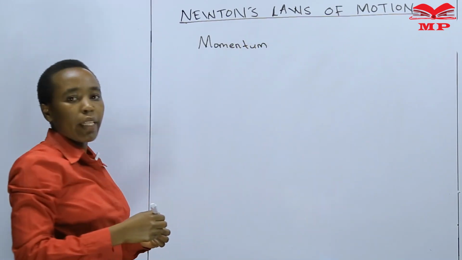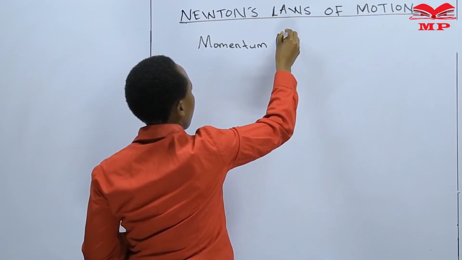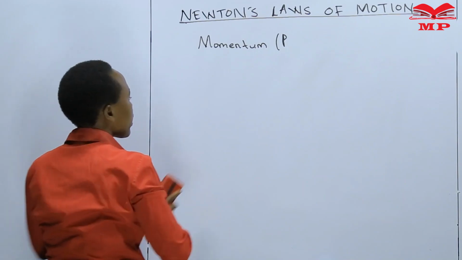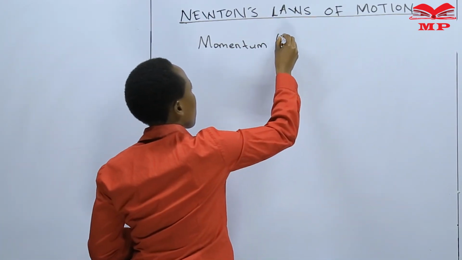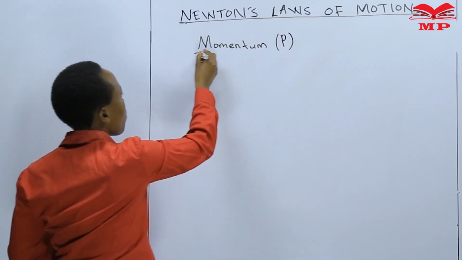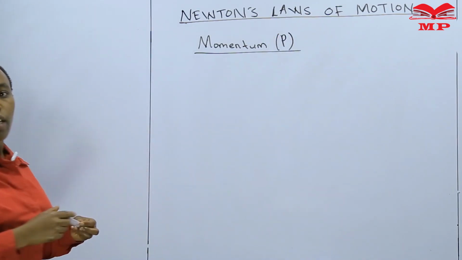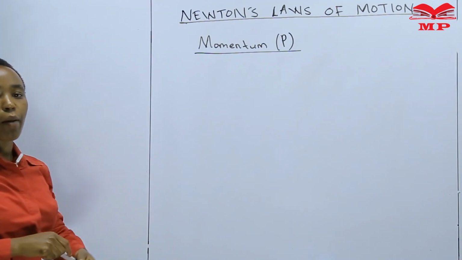We denote momentum using this letter P. We use P to denote momentum. That's the letter that we use for momentum.